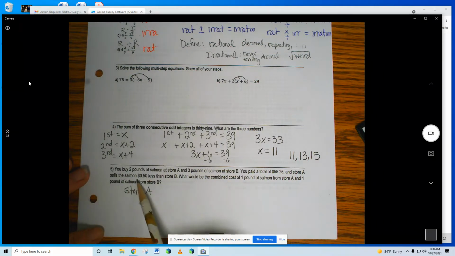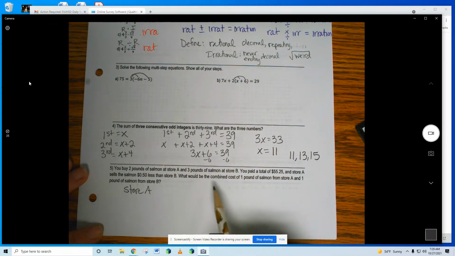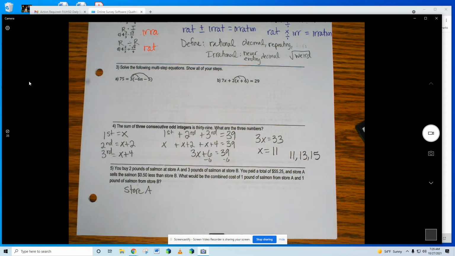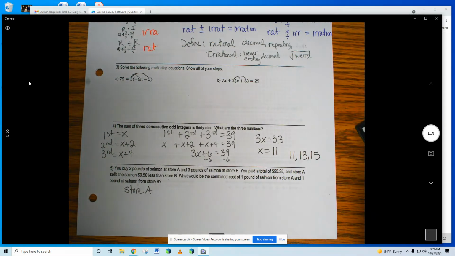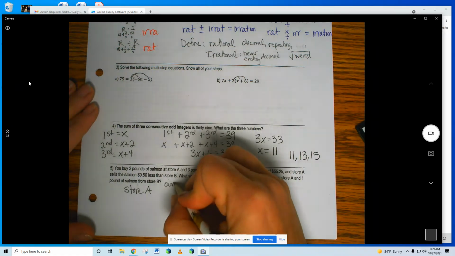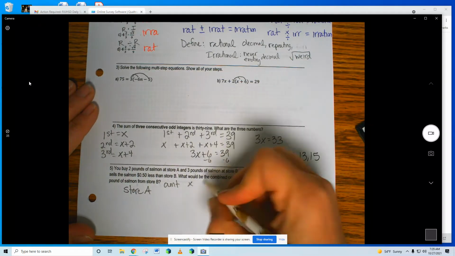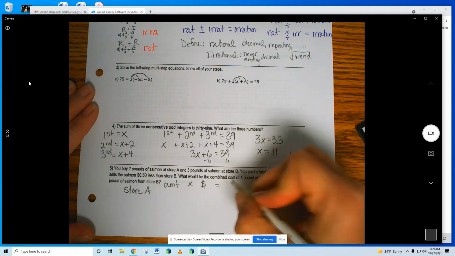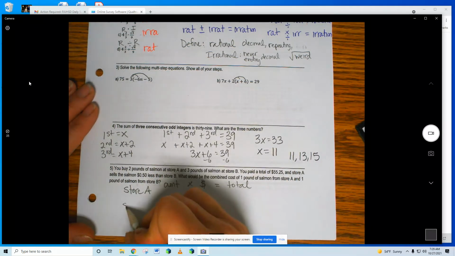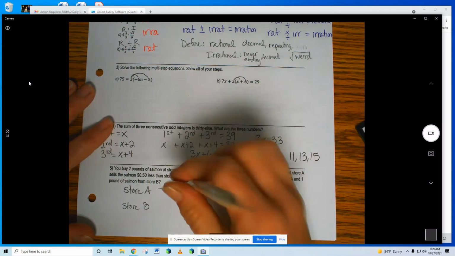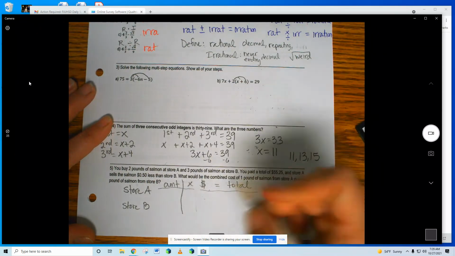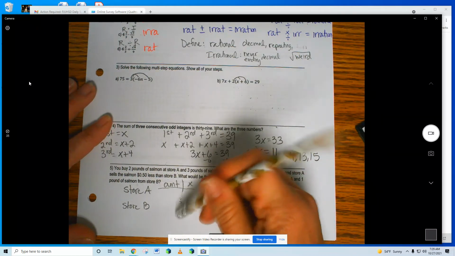And store A sells the salmon for 50 cents less than store B. What's the combined cost of 1 pound from store A and 1 pound from store B? 2 pounds at store A. So I'm going to do the amount times the cost equals the total. I should actually put the line right here.